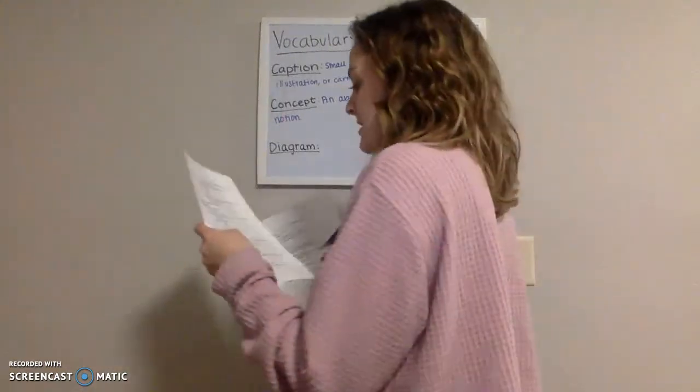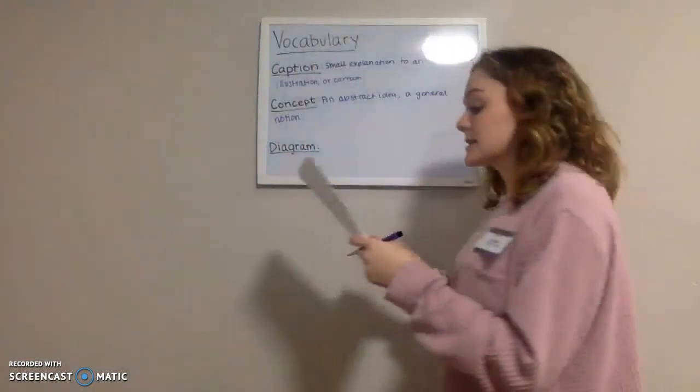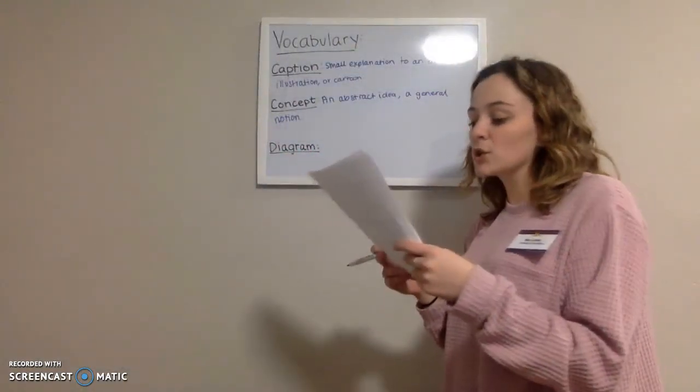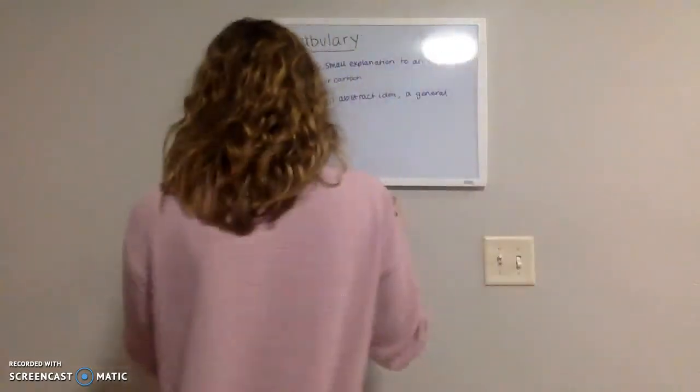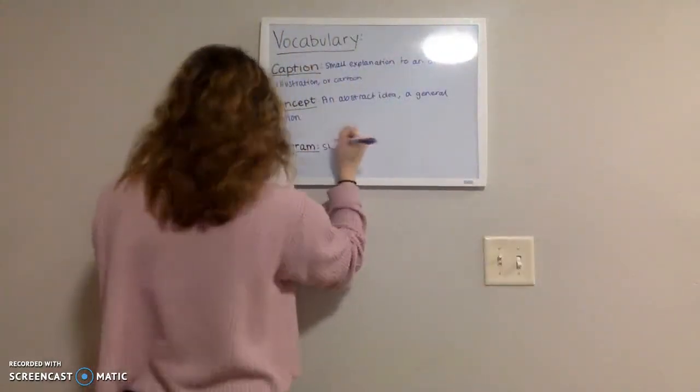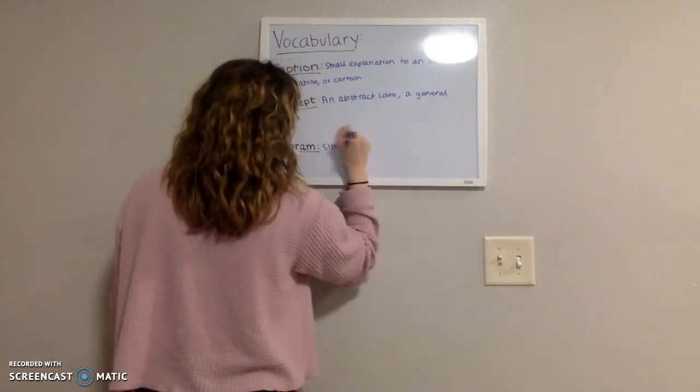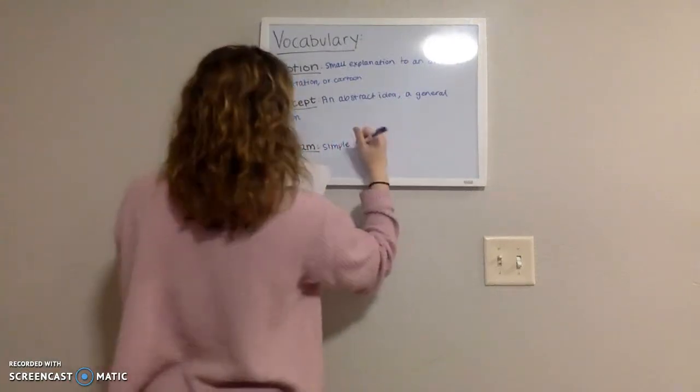Next is going to be our last one, which is diagram. And a diagram is just a simple drawing showing the appearance, structure, or workings of something. So we're just going to write that last definition down next to diagram.